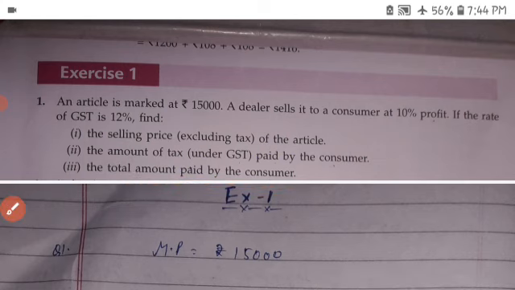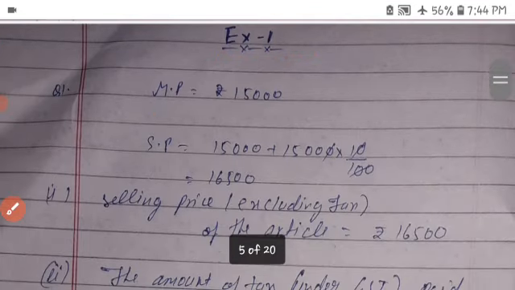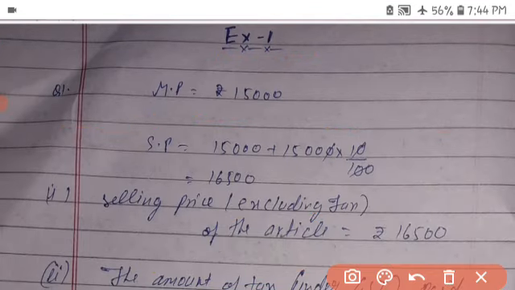Now exercise 1. Marked price is rupees 15,000, profit 10% and rate of GST is 12%. So selling price is 15,000 plus 10% of 15,000, because 10% is the profit. So selling price is equal to 16,500.